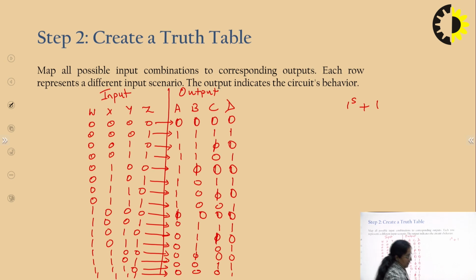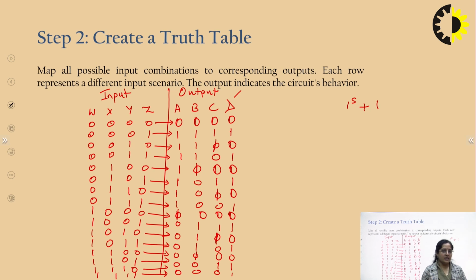Okay. Now when we have done this table, from this truth table I have to find, as we know, there are 4 outputs A, B, C, D. These are the 4 outputs of my combinational circuit. A is one output, B is another output, C is another output and D is another.